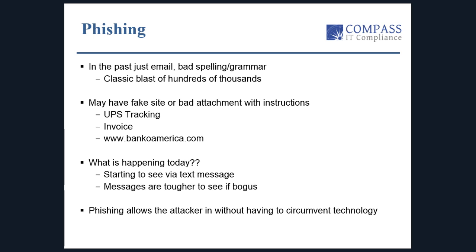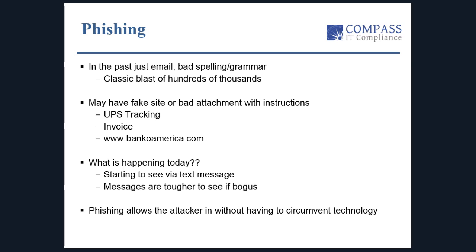So phishing, in the past, it was just this brutal email with bad spelling, improper grammar, uppercase, lowercase in the middle of sentences, run-on sentences, and they would blast these emails out, hundreds and thousands of them, and see if somebody took. It was, spray it all out there and see if somebody bought the bait. So in those, they'd have a fake website or a bad attachment.